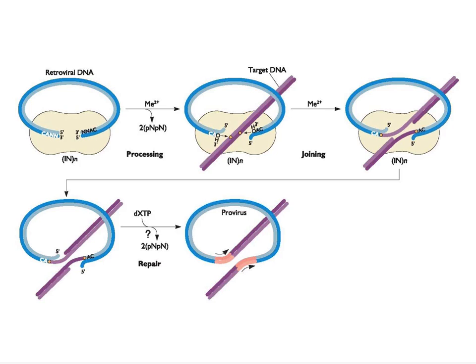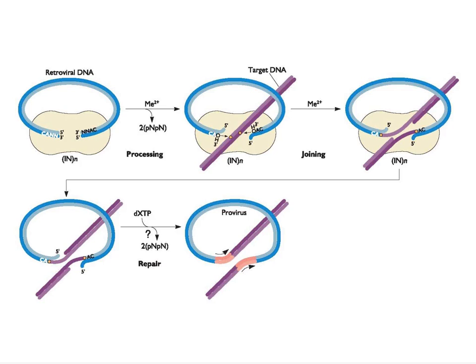This is retroviral double-stranded DNA. The first thing that happens is the integrase chews back the retroviral DNA. It takes a couple of bases off of the 3' end of the plus strand. You can see that here. Now there's a little 5' overhang over here. And it takes a few bases off of the 5' end of the other strand. So now we've lost those 2 or 3 or 4 bases.